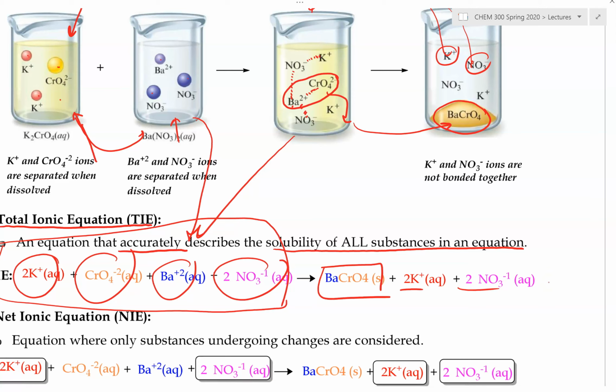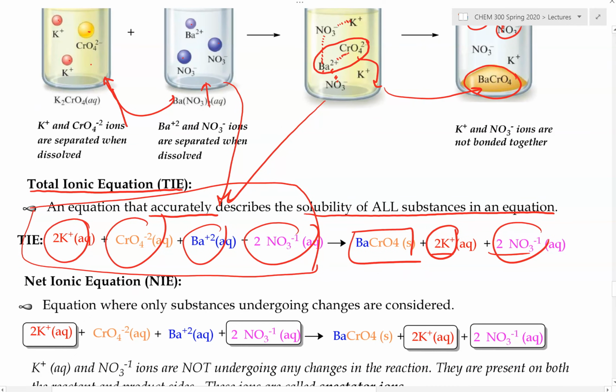They remain as separate ions that are soluble in water. So it's important that we keep these ions separate, and we do not combine them together. So there you have it. This equation right here is called the total ionic equation. It is the equation that can describe correctly the solubility of all of the substances in a chemical reaction.